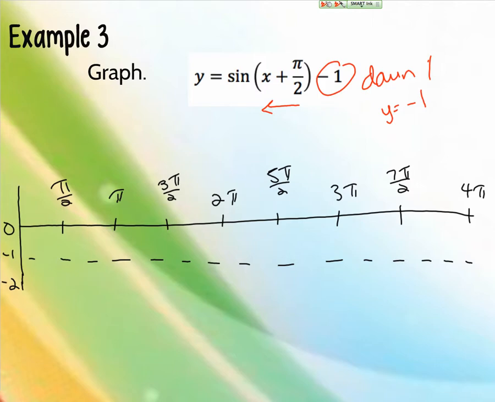But since normally I start here, but I'm shifted over, I actually end up starting at like the top. And then going down back to the principal axis, down to our minimum, back up to that principal axis, up to that maximum, principal axis, minimum, principal axis, and then back to maximum.